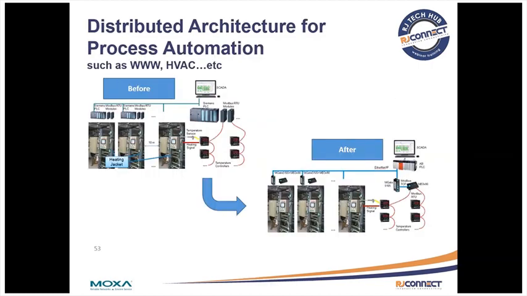Another distributed architecture is for process automation. In the past, we needed to implement a PLC with a card to be able to establish communication with these Modbus devices. But using Moxa's MGate, we can implement a decentralized distributed architecture by keeping your existing infrastructure.